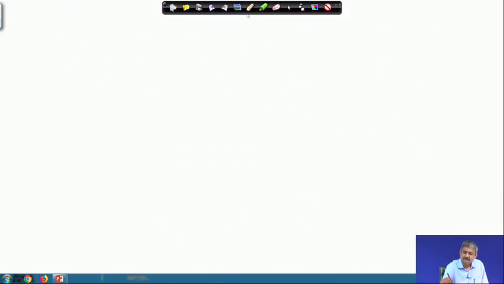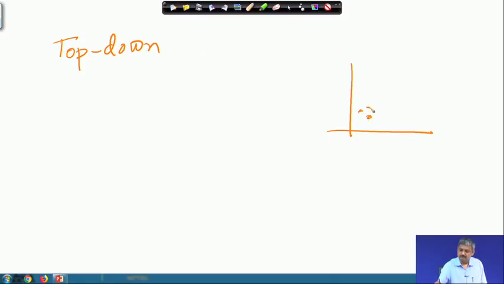Similarly, you can have top down. What you do is, initially everything is a cluster, then you break them up into two clusters, then maybe subdivide.